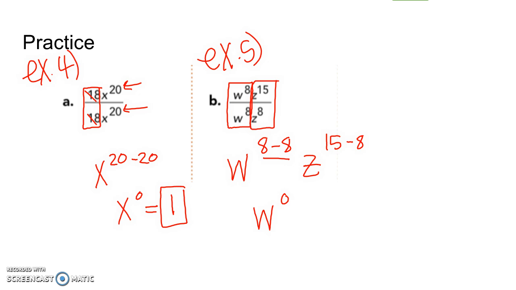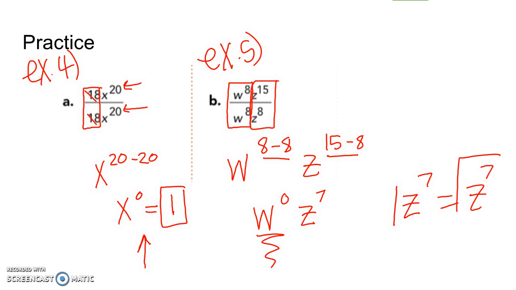So, yeah, w to the 0 power. What is 15 minus 8? 7. Okay, what do we know w to the 0 power is the same as? Remember what we said over here. Anything to the 0 power equals 1. So I can just say that's 1z to the 7th power. If I multiply that times 1, it just stays the same, z to the 7th power.